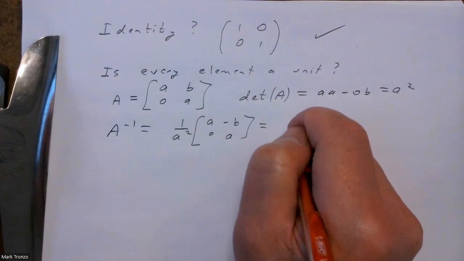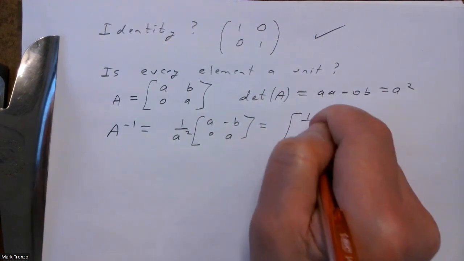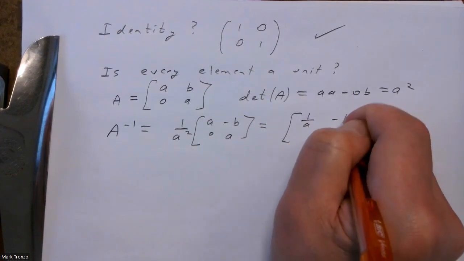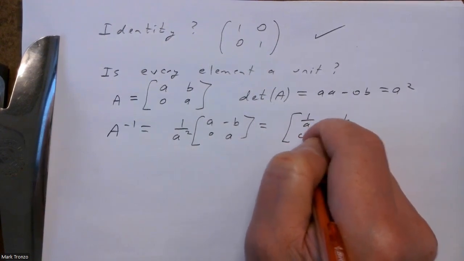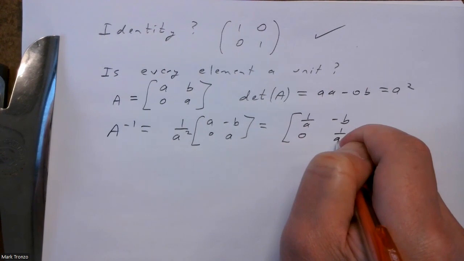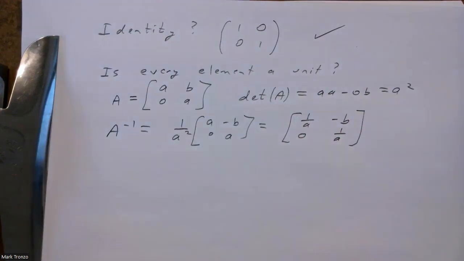So this is going to be [1/a, -b; 0, 1/a] when we multiply these out.